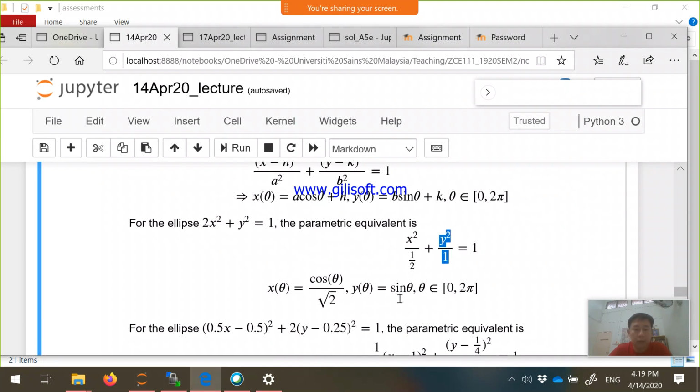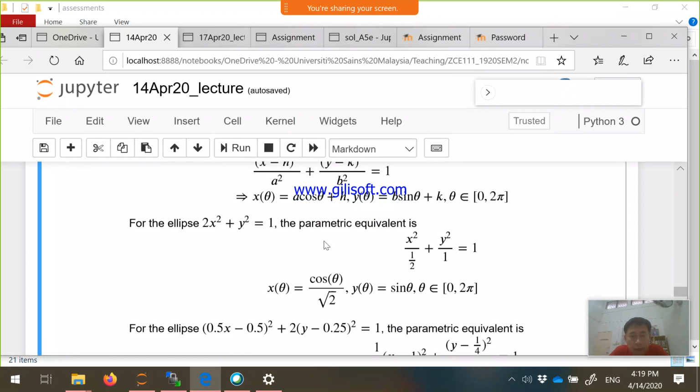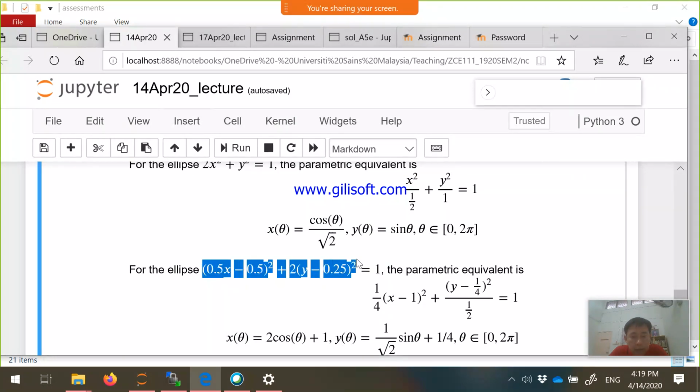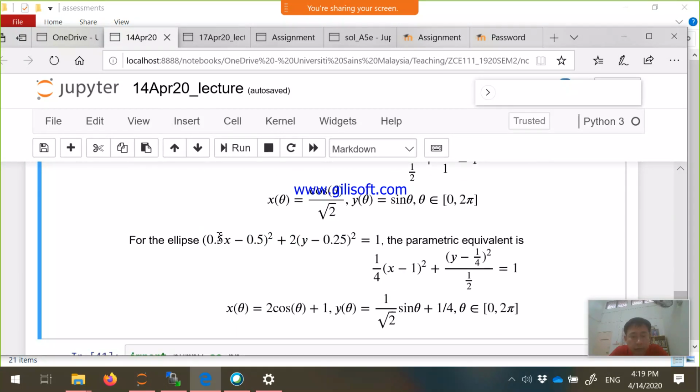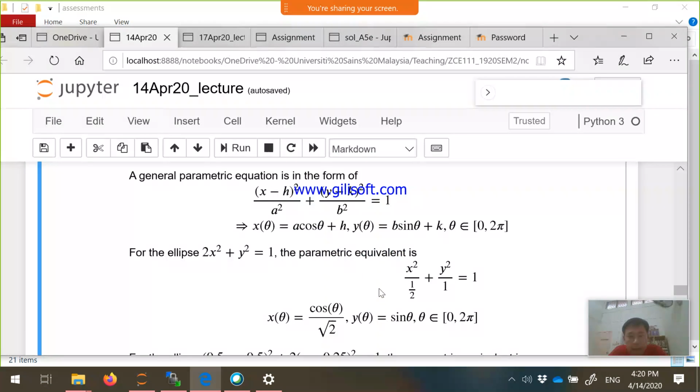Okay? Then you can do similarly for this other ellipse. Just try to cast it into this form. It's very simple. Just pull out a factor. This is x over 2. Then this is minus 1 over 2. Then you just pull out a factor, and you can easily convert these equations algebraically into this form. Once you have converted into this form, you can compare it with the equation here.